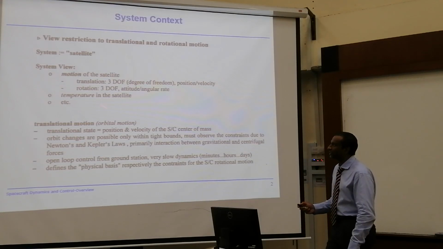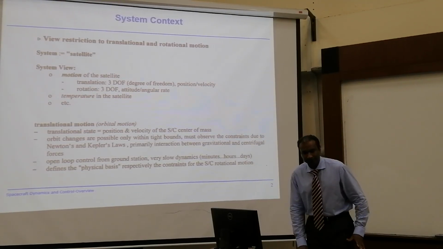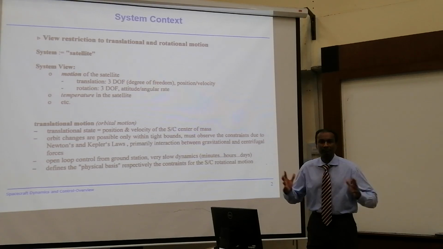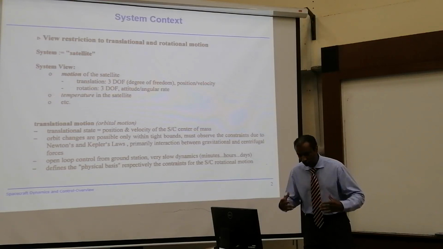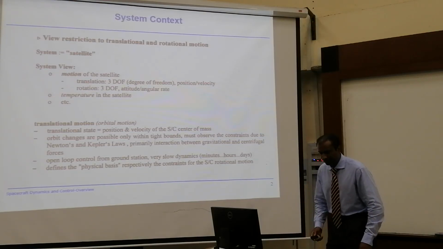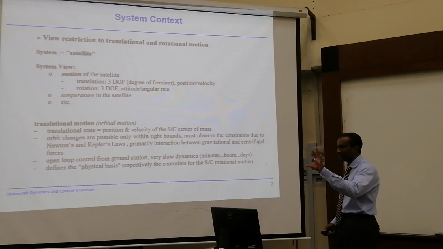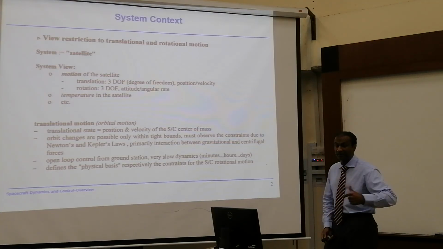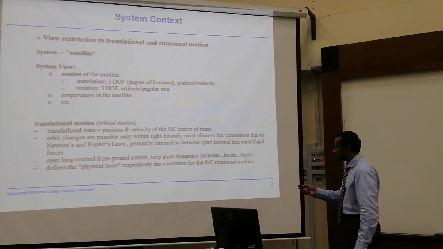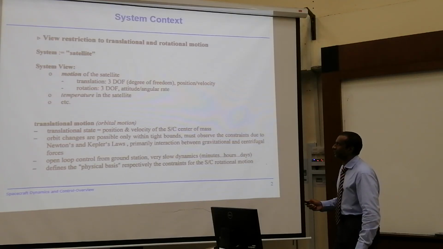Now the view. This whole system, remember, is a control system, the satellite control system. When I have a control system, I should have defined the controller, the plant, the measurement, and basically the input. So let's see the motion of the satellite.